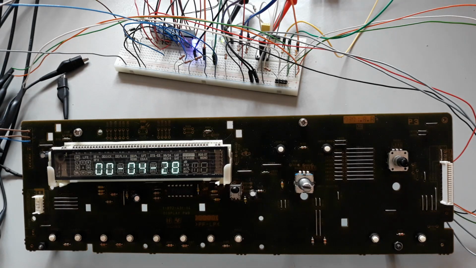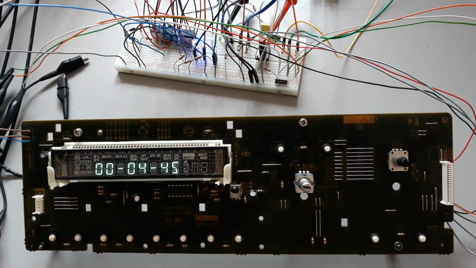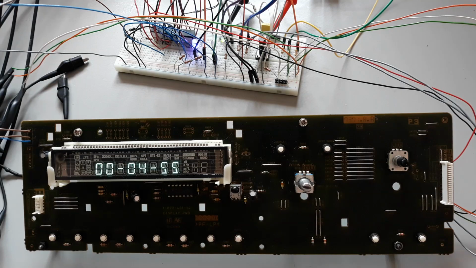As an example, imagine pressing the last button on the AD2 bus connected to ADC1. In that situation, the total resistance becomes the sum of all resistors in that branch, which is approximately 6400 ohms. Applying the voltage divider formula, we get a voltage of about 3.5 volts.